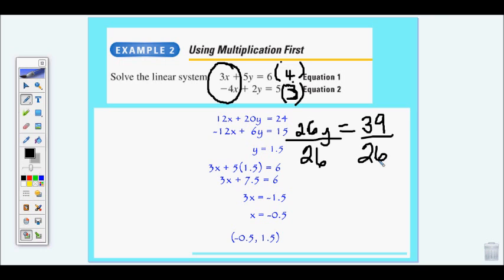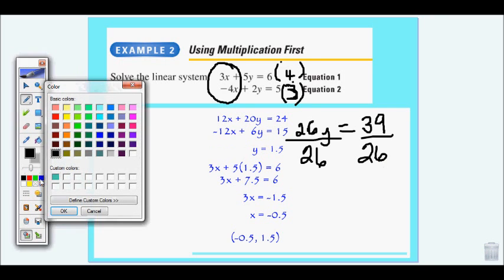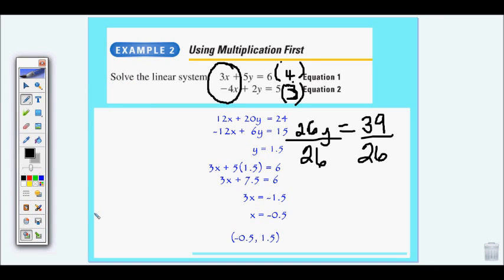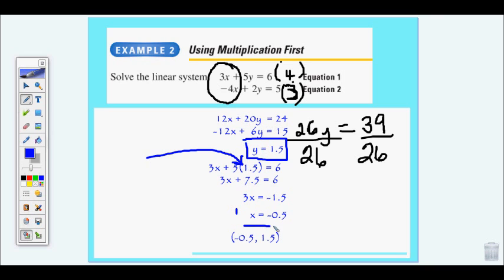Now I'm going to do the same thing that we were doing in the last lesson. We're going to substitute our answer in for the variable we solved for and then solve for the other variable. So we solved for y first, and use that for substitution. Go ahead and do the math where you're substituting in the y and solve for x.